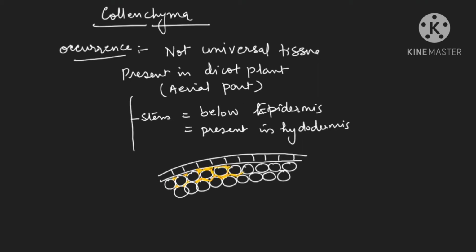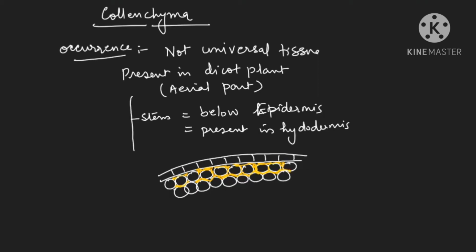Hemicellulose and pectin. So obviously primary cell wall is made up of cellulose. Apart from cellulose, another chemical is coming that is known as hemicellulose and pectin, in which pectin is hydrocolloid. Hydrocolloid means it can hold moisture. Because it can hold moisture, it is providing the support.